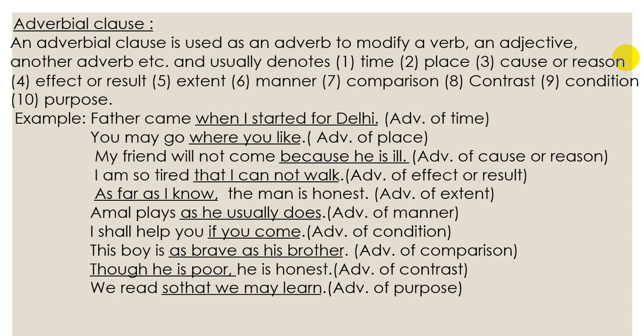As brave as his brother denotes adverb of comparison. Though he is poor, he is honest. Though he is poor is an adverbial clause. It denotes adverb of contrast. We read so that we may learn. So that we may learn is an adverbial clause. It denotes adverb of purpose.